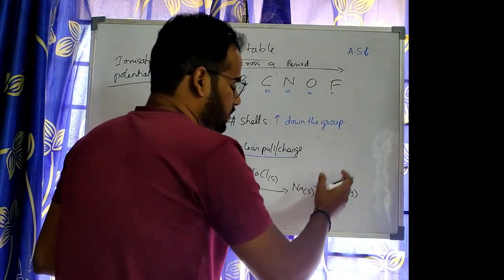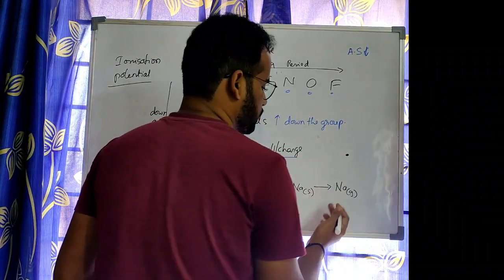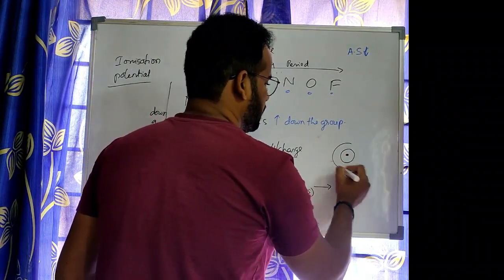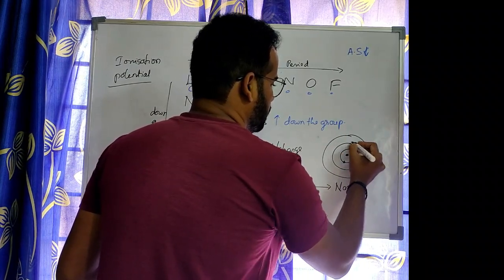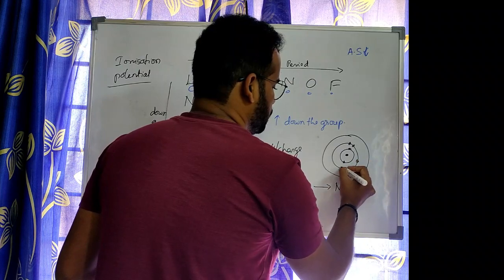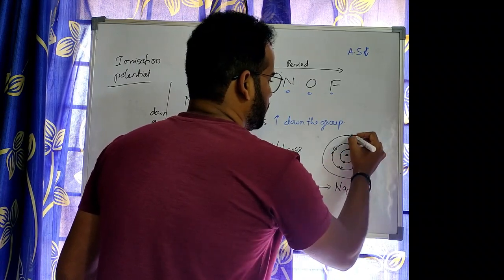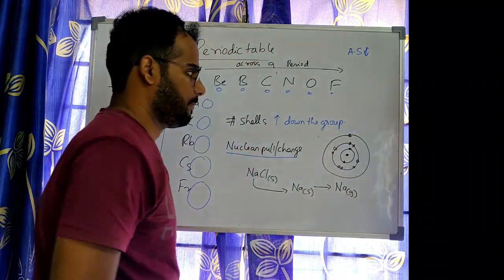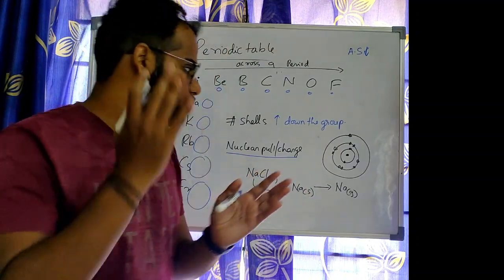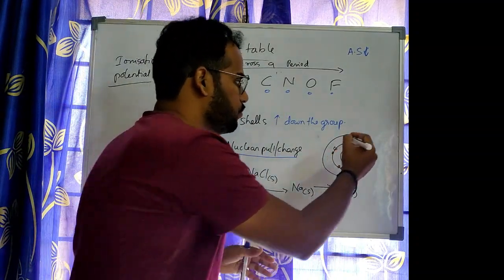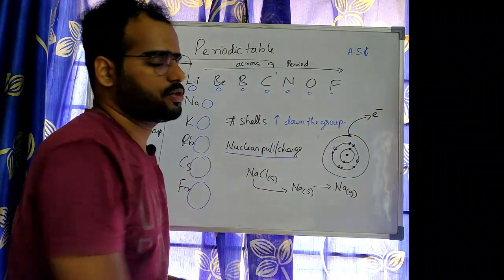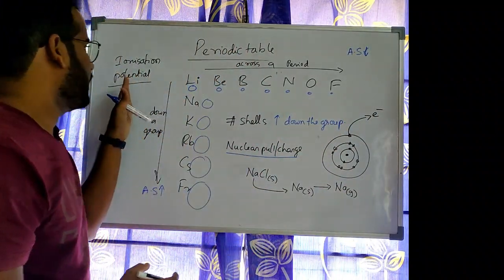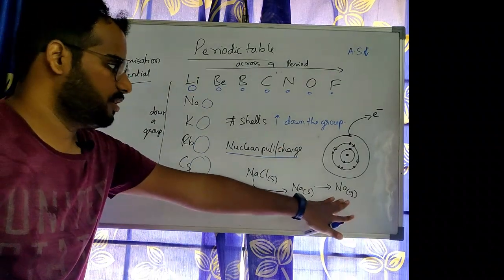Now if you draw the orbit structure for sodium, 11 electrons: first shell, second shell, third shell. So 2 electrons here, 8 electrons here, then 1 electron. How much energy do you have to give to this sodium atom to take out this electron? That will be your ionization potential for sodium.